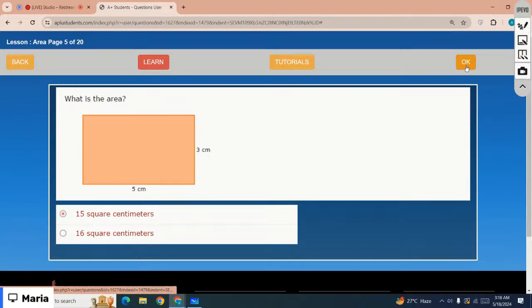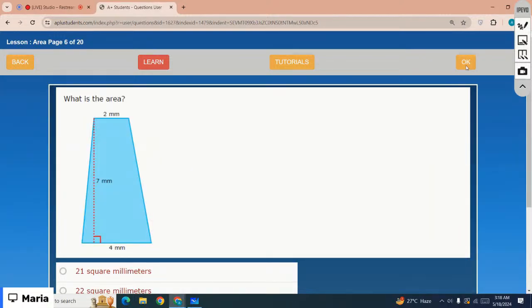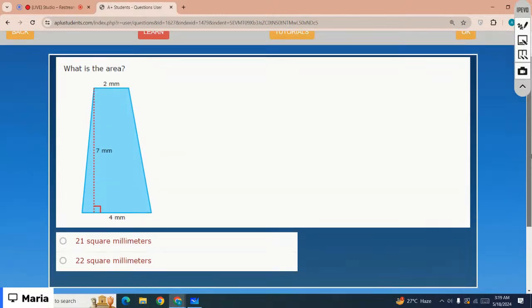Very good. What is the area? Which is the correct option?